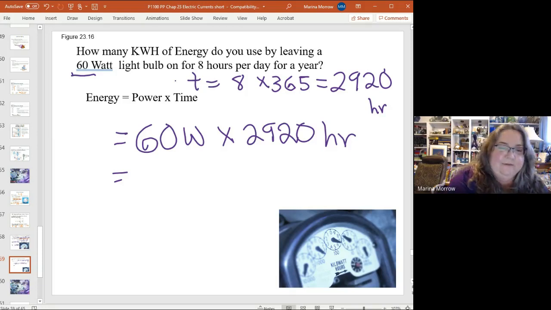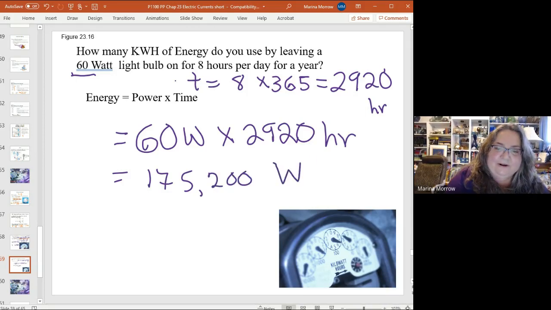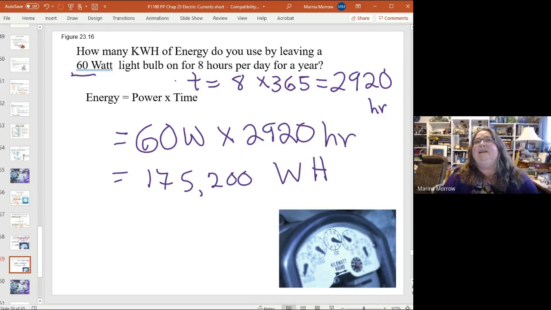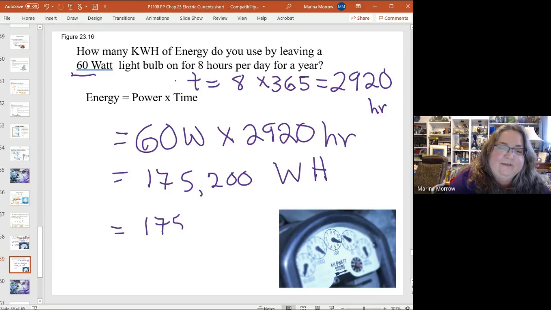And so now I've got 175,200, and this would just be in watt hours. So now to turn it into kilowatt hours, I just need to divide by 1,000, which is easy at this point, right? So I'm going to end up with 175.2 kilowatt hours.